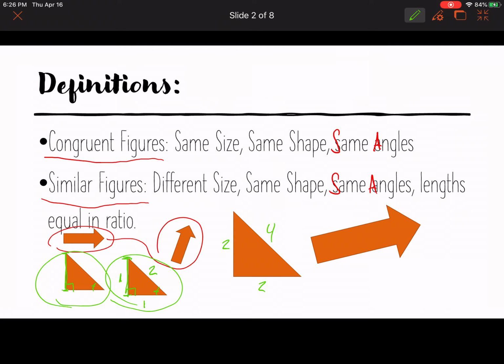So those two, this one and those two, are similar figures. Whereas these two together, making a little happy face here, are congruent.